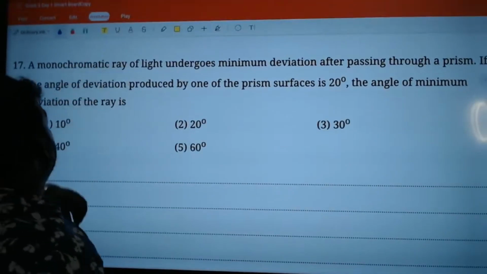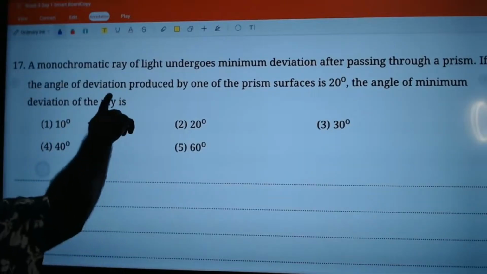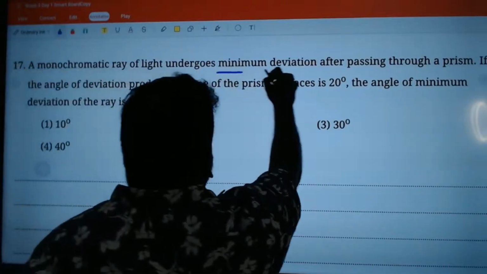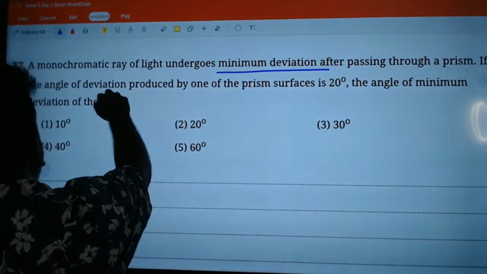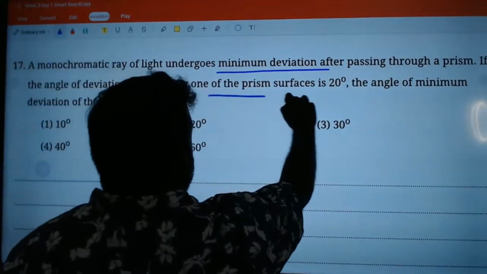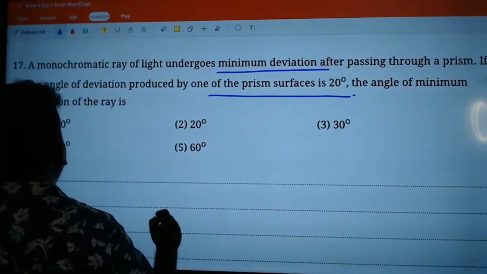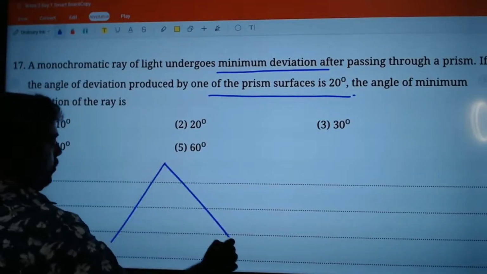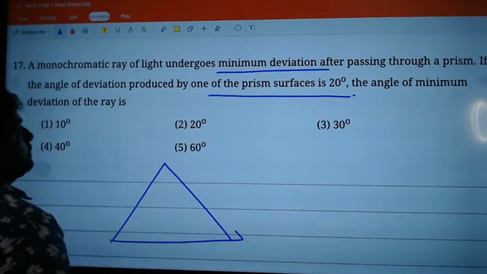Next one. A monochromatic ray of light undergoes minimum deviation after passing through a prism. Very easy. Angle of deviation produced by one of the prism surfaces is 20. What's the angle of minimum deviation of the ray? Now, equilateral prism.